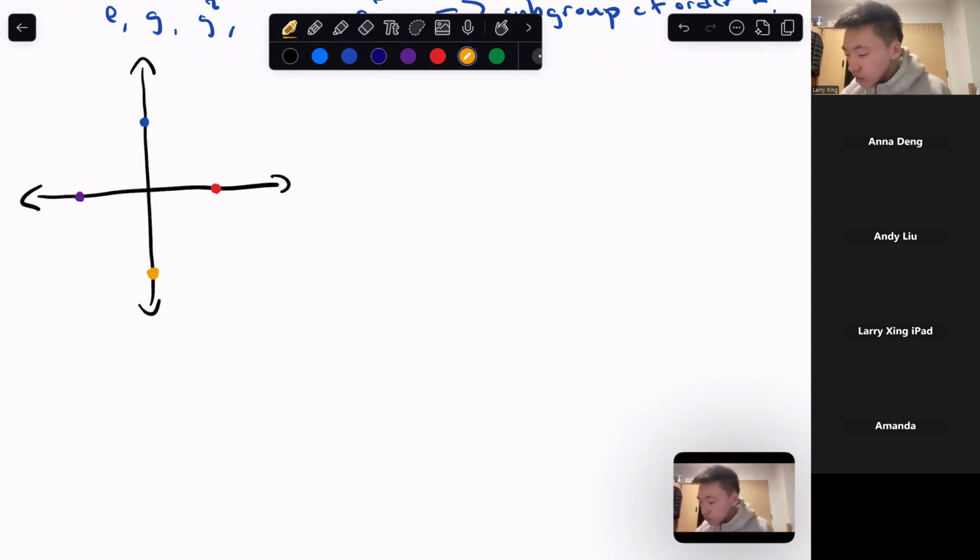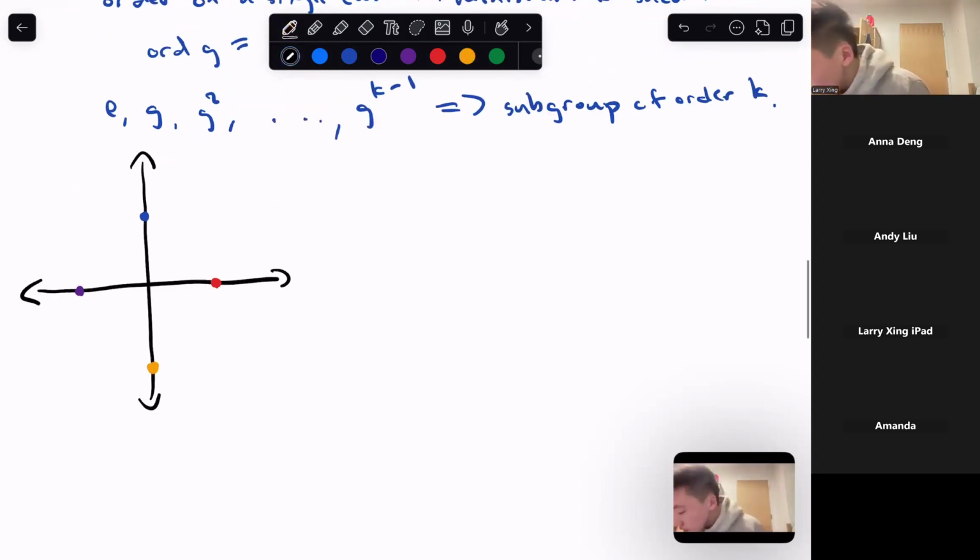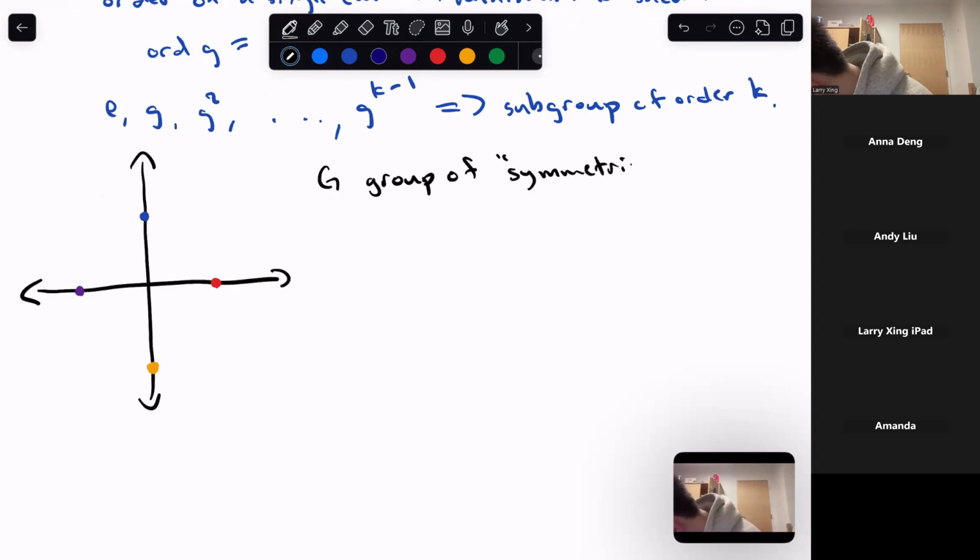Let's say G is the group of symmetries, or rotations and reflections, of this square.